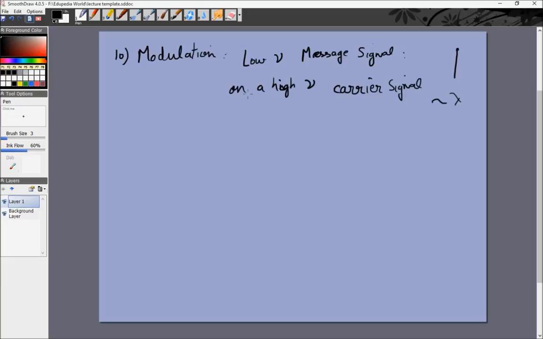And then the high frequency carrier signal is easily transmitted, because for that you don't need a very long antenna, you would need a comparatively shorter antenna. There are other reasons as well why we prefer to send high frequency messages over low frequency messages. The attenuation is smaller and other reasons like that.